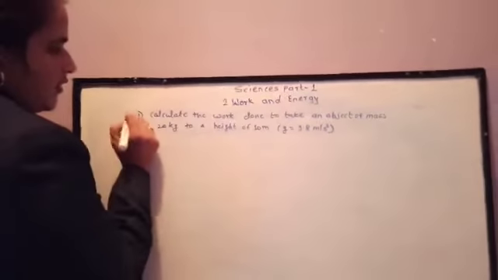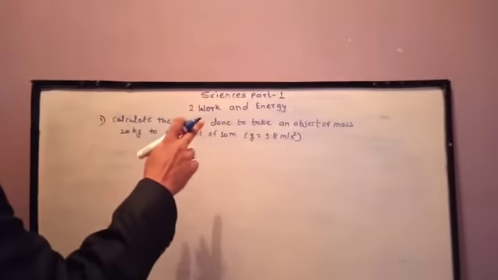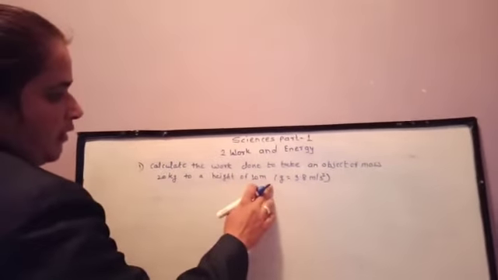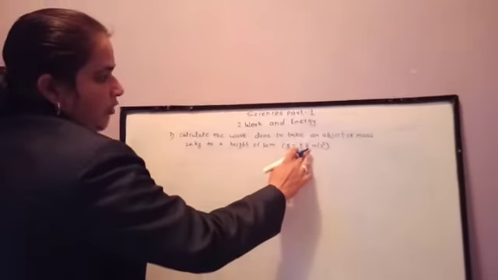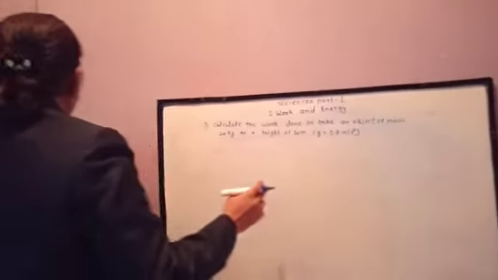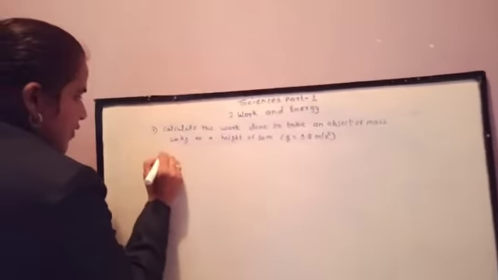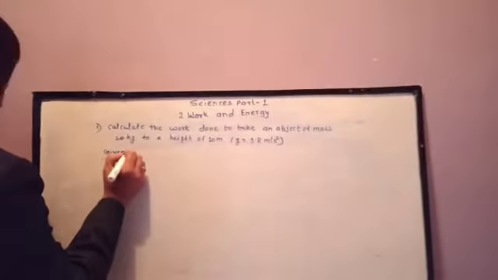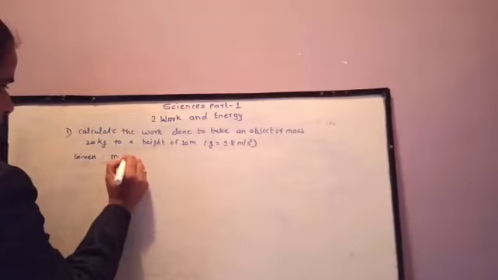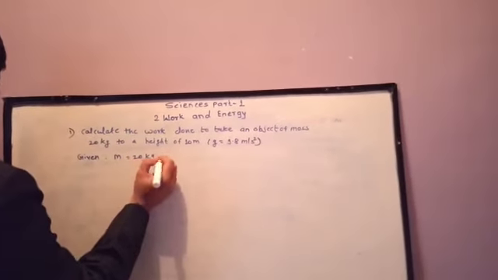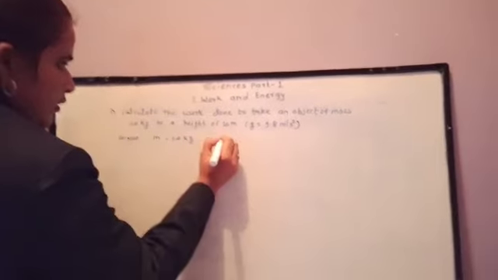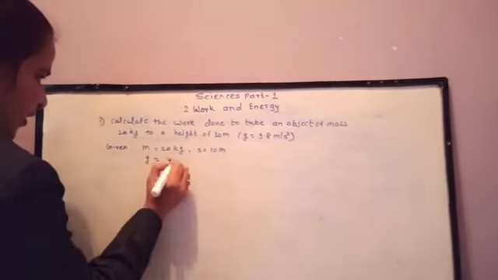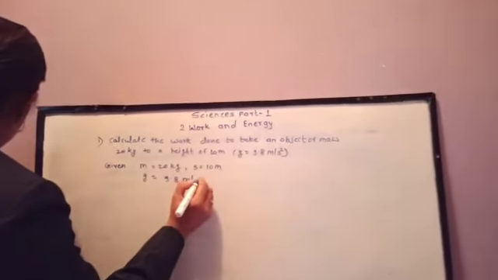The first example: calculate the work done to take an object of mass 20 kg to a height of 10 meter. The g value is 9.8 meter per second square. Given: M equals 20 kg, S equals 10 meter, g equals 9.8 meter per second square.